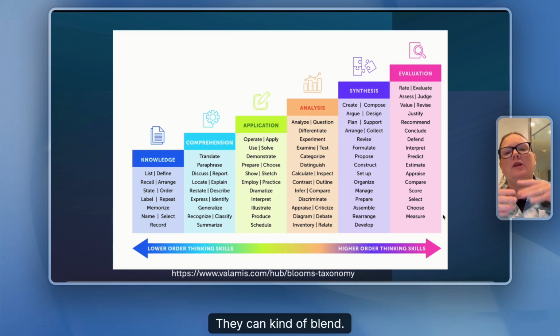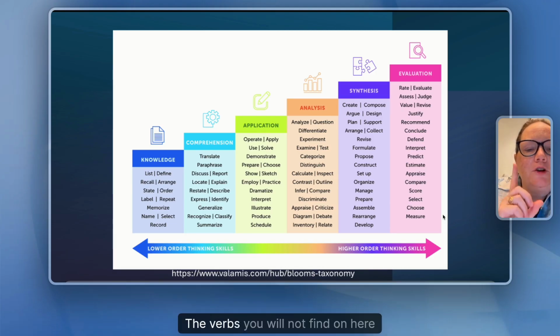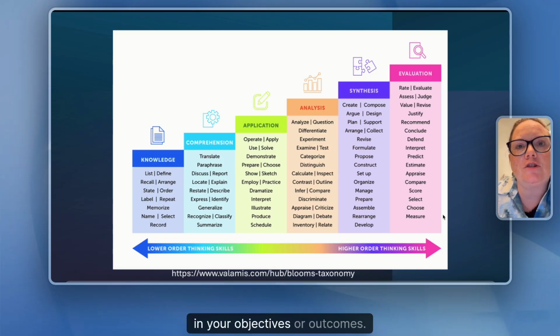They can kind of blend. You look at different lists, you'll find some different verbs. The verbs you will not find on here are understand and know. Do not use understand or know in your objectives or outcomes.